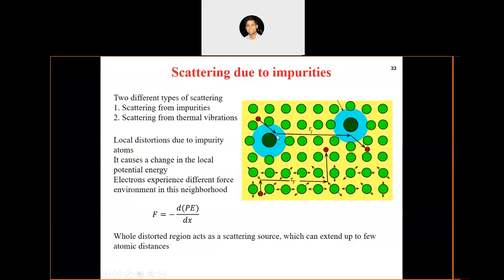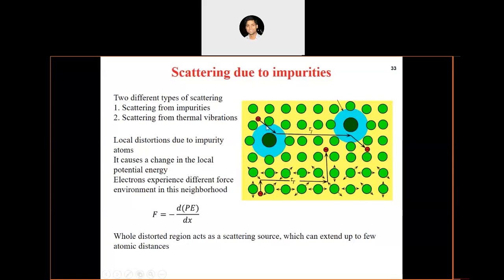The atoms will have to rearrange a little bit to accommodate this smaller or larger atom, and because of that there will be a local distortion. And because of this local distortion there will also be a change in the local potential energy.